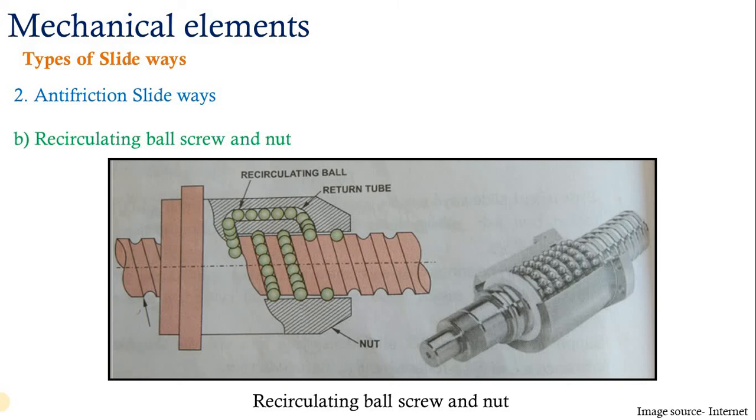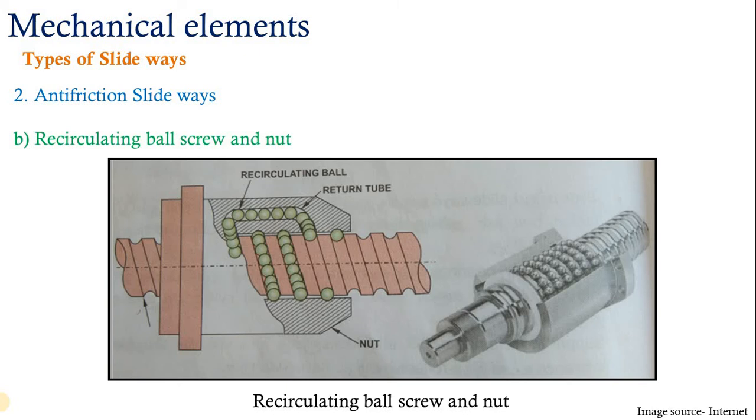The balls provide the only physical contact between the nut and lead screw. The balls are recirculated from one end to the other end by return tubes. So the return tubes are used where the balls circulate from one end to the other. The connection between screw and nut is achieved by the endless stream of recirculating steel balls.